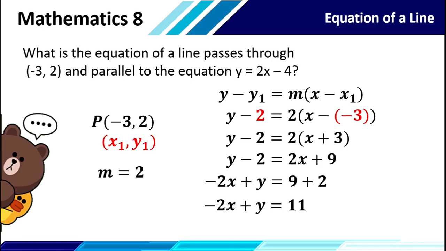Again, if our leading coefficient is negative, we need to multiply both sides by negative 1. Our final equation would be 2x minus y equals negative 11. Therefore, the equation of the line that passes through the point negative 3, 2 and is parallel to the equation y equals 2x minus 4 is 2x minus y equals negative 11.